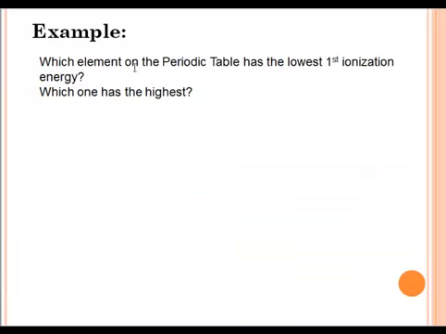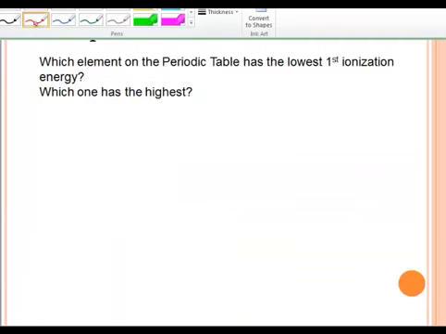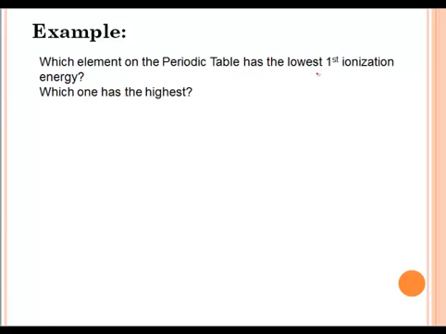So the answer for this particular question is that francium has the lowest first ionization energy, and helium has the highest. This is in general connected with the size and the general trends of the first ionization energy.